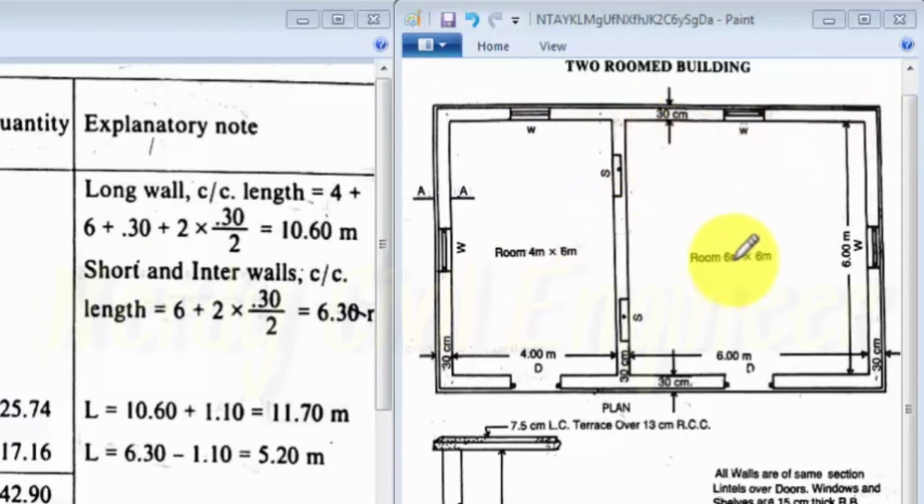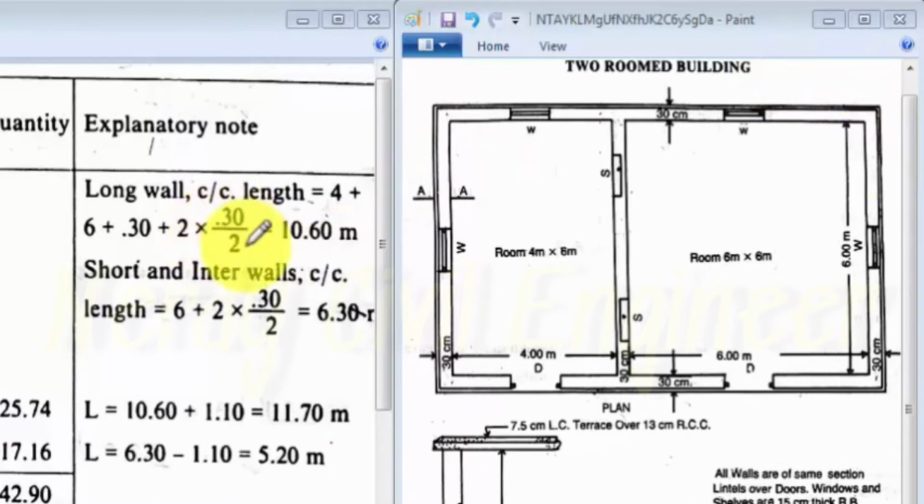While calculating the length of long wall and short wall center to center, always consider half the thickness of the wall. So now, long wall center to center length will be 4 plus 6, 4 from the first room, 6 from the second room.